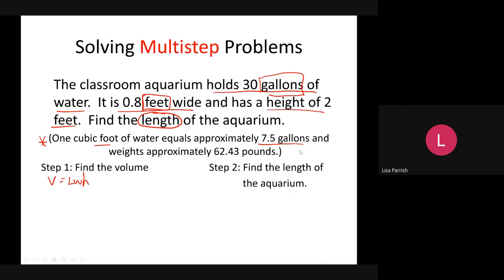That's the number I need. I do not need the pounds, since nothing in my problem is talking about pounds. But I do need to convert the gallons into feet. So step one says find the volume. I don't even need my formula yet. The first thing I have to do is take the amount of gallons and divide it by the conversion rate.